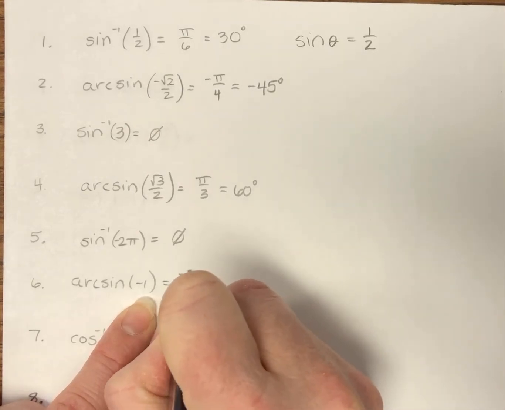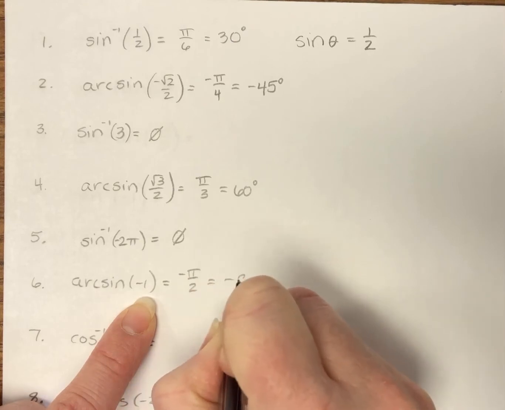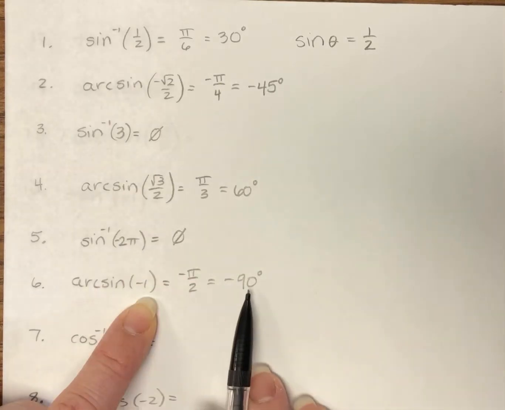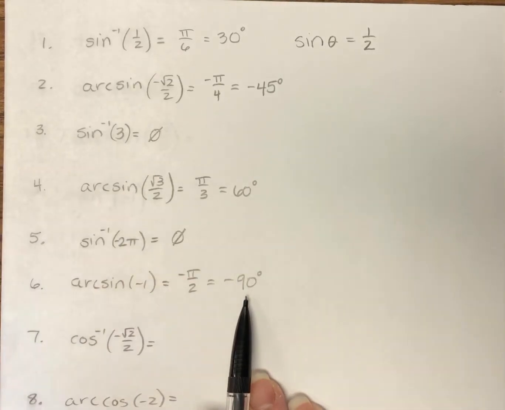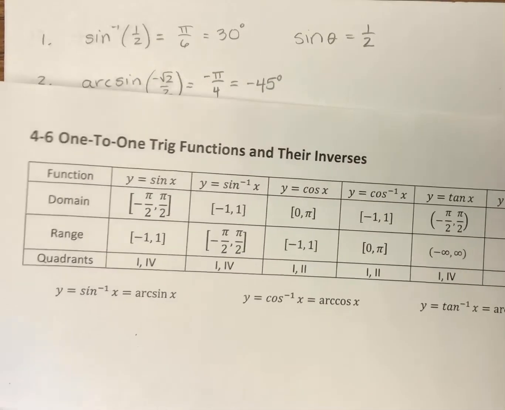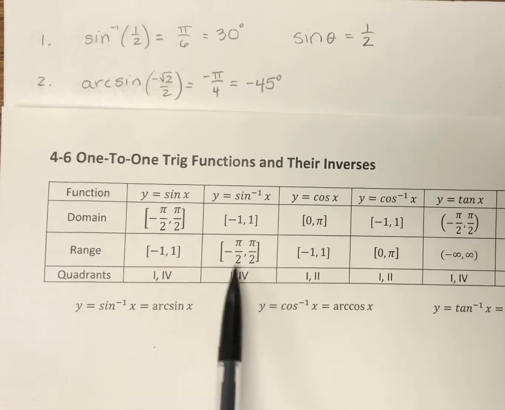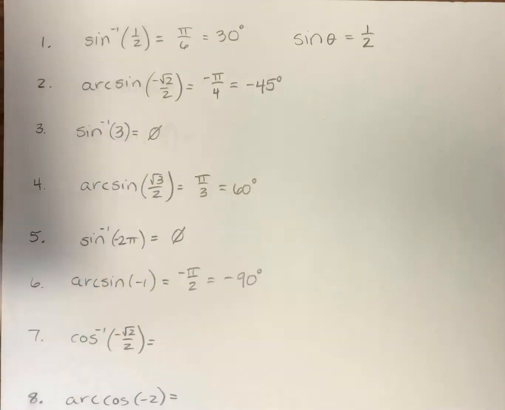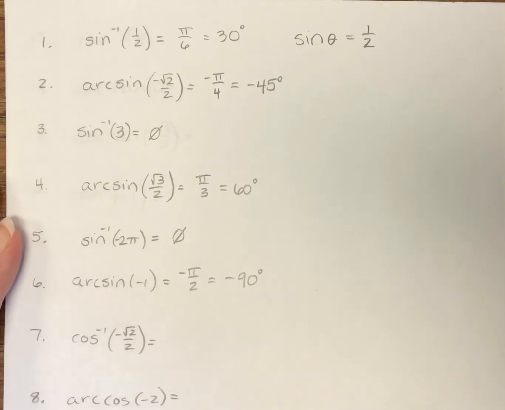So negative pi/2 or a negative 90 degrees. If you put 270, I'd probably still accept it for these problems because they are equivalent answers. But because we're trying to get the idea across that you have to restrict yourself to that domain and range, we're going to stick with the correct answers that are 100% correct.